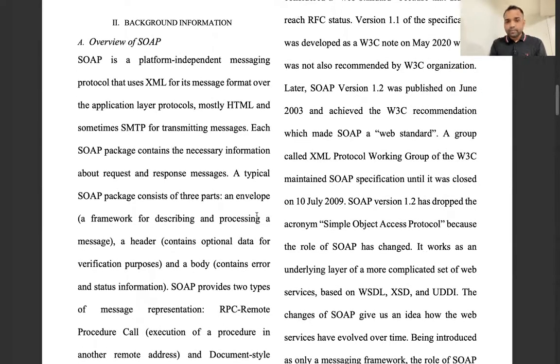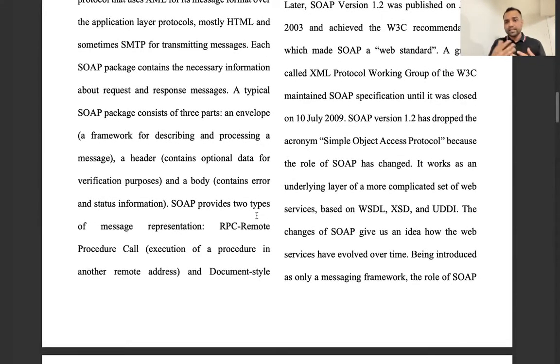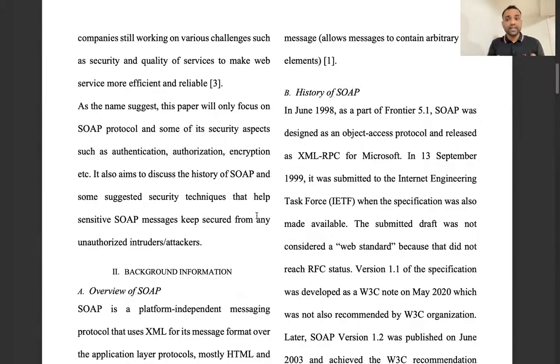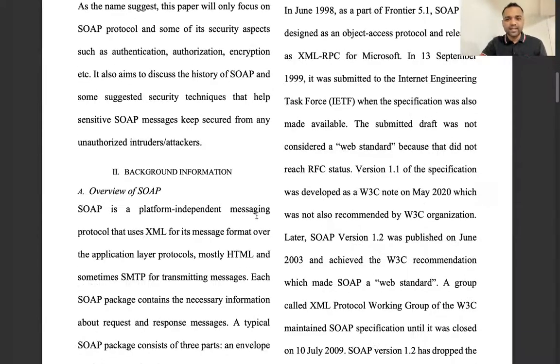SOAP provides two types of message representation. Those are RPC, which is remote procedure call, and the other is document style call. In RPC, you are actually executing a procedure at another remote address, and the document style allows a message to contain arbitrary data elements.